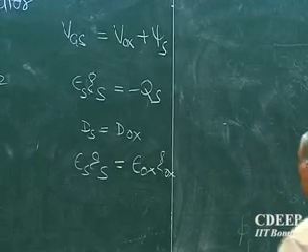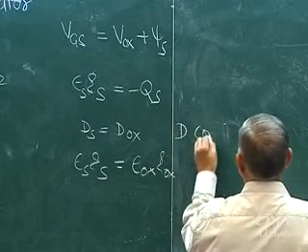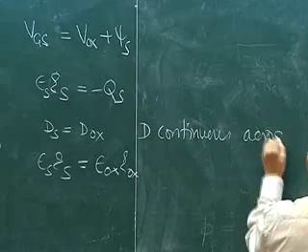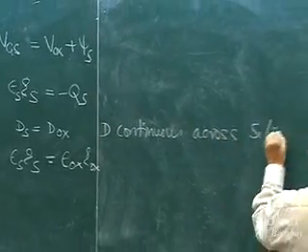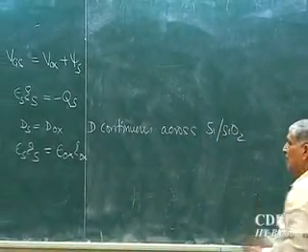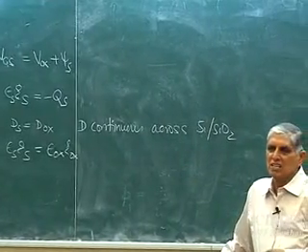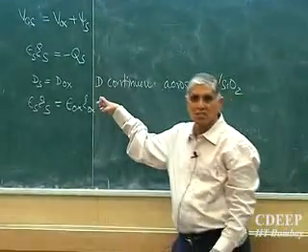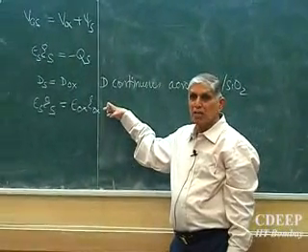If D is continuous across SiO2, then epsilon S ES is equal to epsilon ox EOX. What is EOX? The electric field in the oxide.